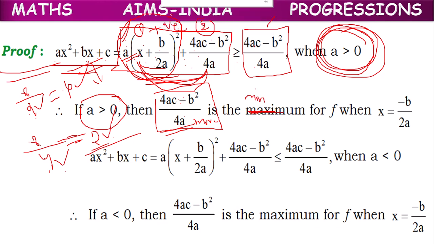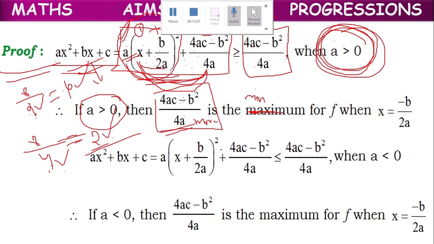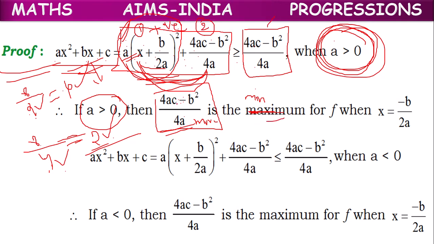So the value will be minimum because we are dividing with the bigger number. And that value will be at this x value minus b by 2a, because if we keep in the place of x minus b by 2a, the minus b by 2a plus b by 2a cancel, this total value will become 0 and we will have only this value, and that value will be minimum.